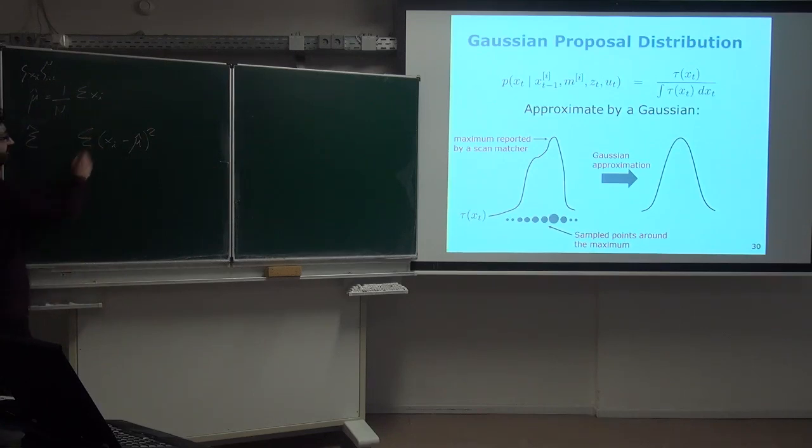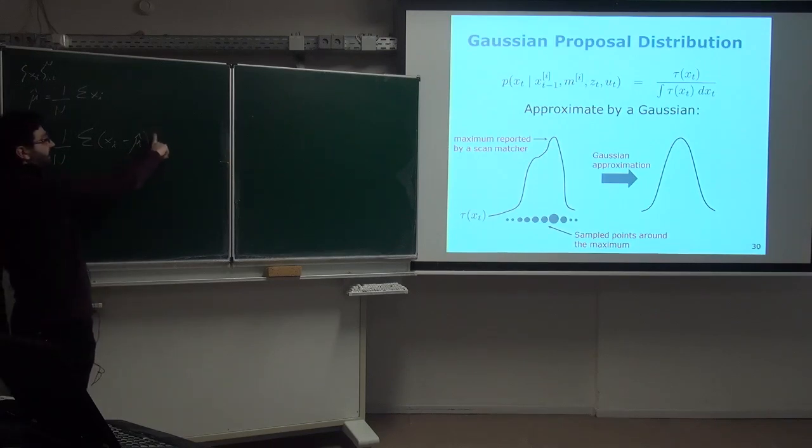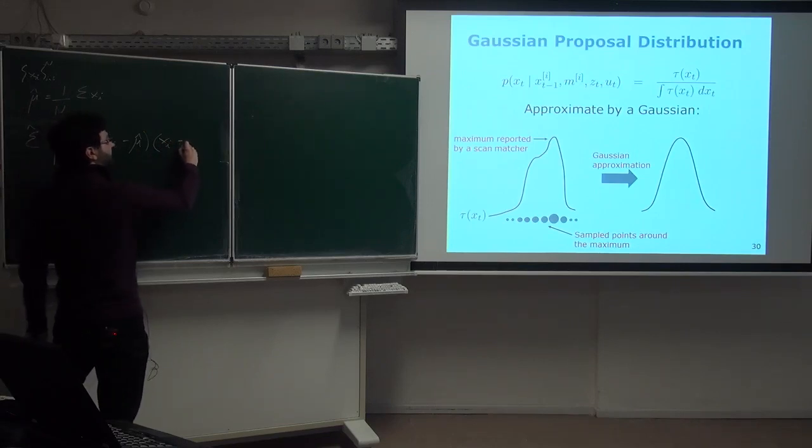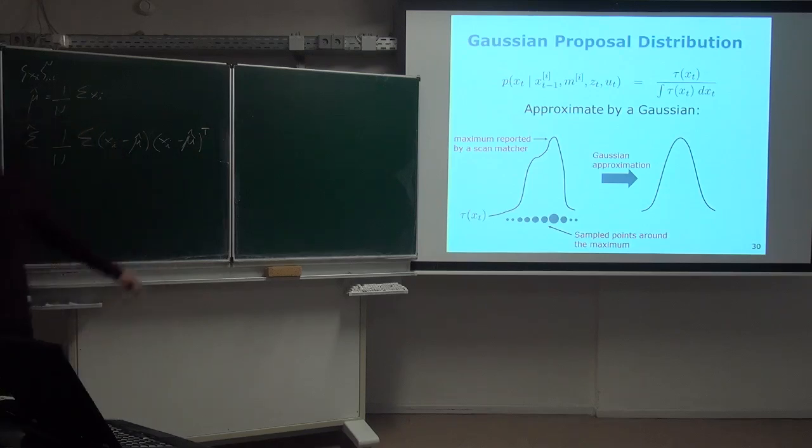So we sum it up, probably, yeah? And we divide by the number of samples, you say. Okay, so that's the way we do it if this is a one-dimensional Gaussian. If you want to have a multivariate one, this square actually becomes (x_i minus mu)(x_i minus mu) transpose. So we have a rank-one matrix update in here. Okay?